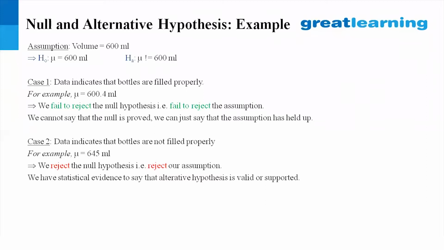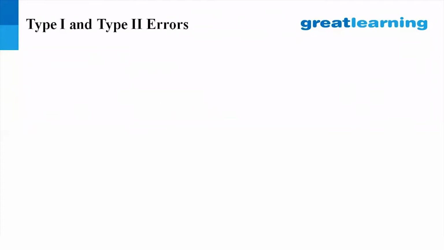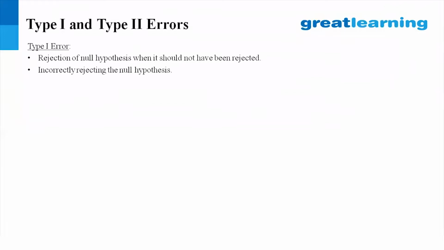So that was the population mean, but your sample mean was 645 ml and you rejected your null hypothesis. So there you've made a type 1 error. You rejected your null hypothesis because you got a mean of 645, but in actuality it should not have been rejected. So you're incorrectly rejecting the null hypothesis and hence you're making a type 1 error.